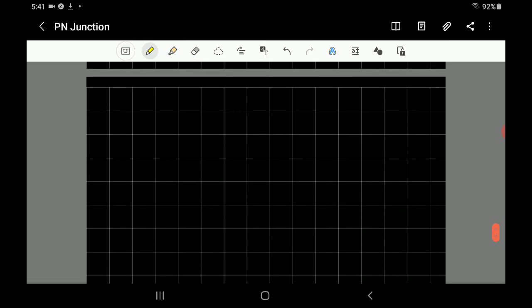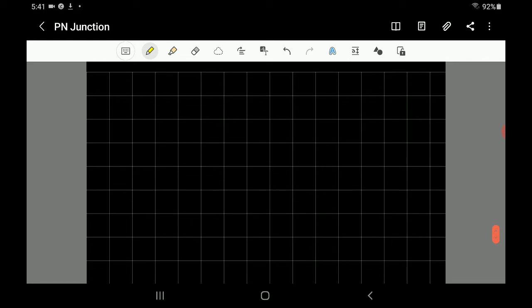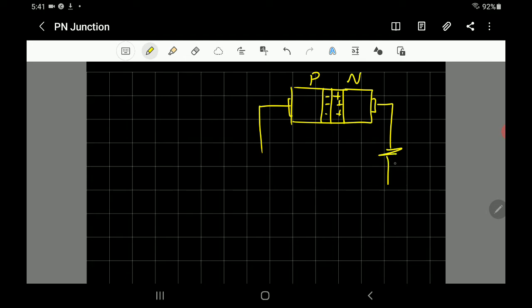Well, how can you make the diode conduct current? That's our P-N junction, and in the middle you have the depletion layer, the barrier potential, and the contacts, and you connect a resistance here.